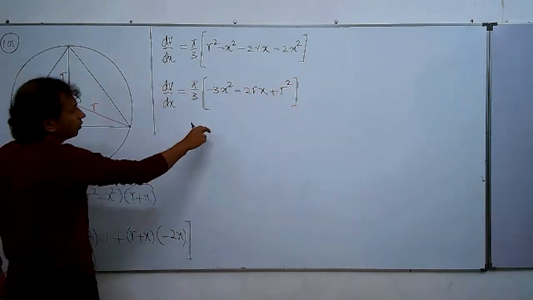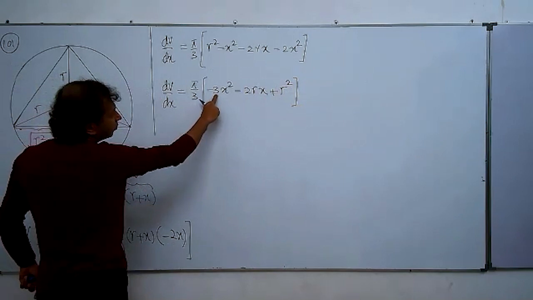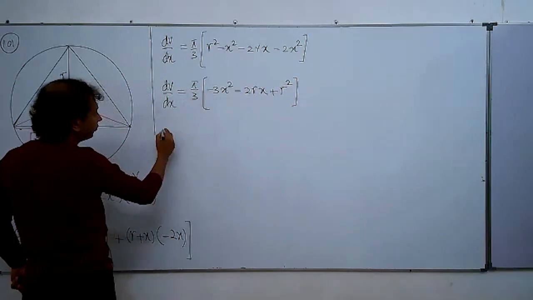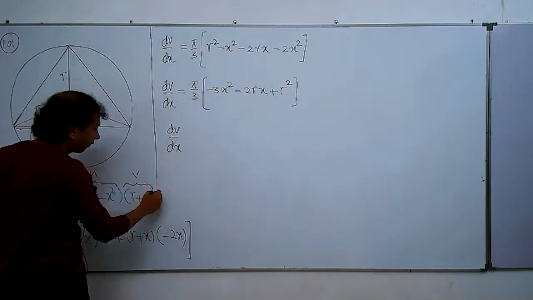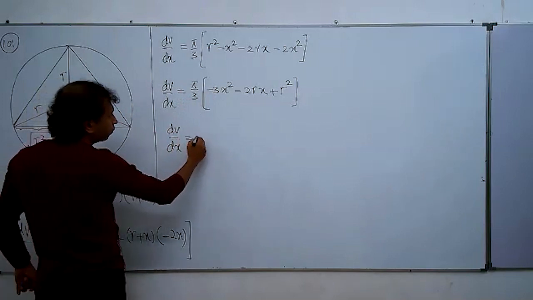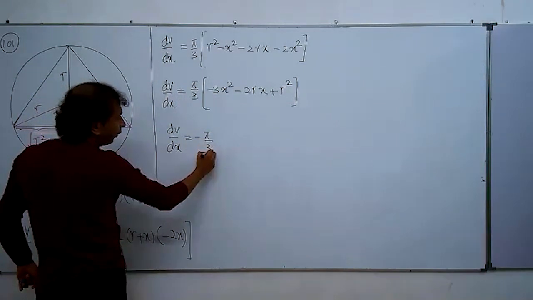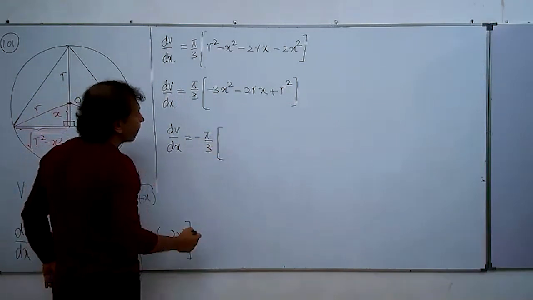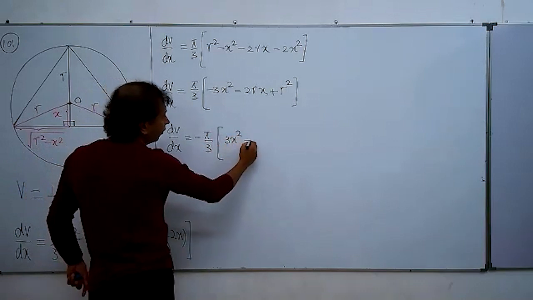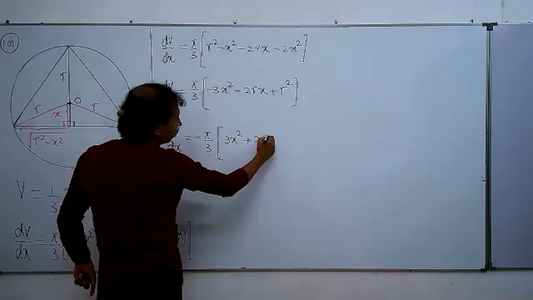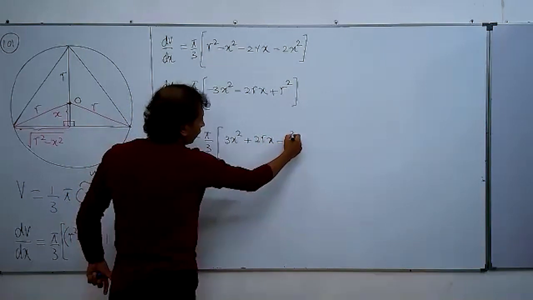I'll take this minus sign out. Then we get minus pi by 3 times 3x squared plus 2rx minus r squared.